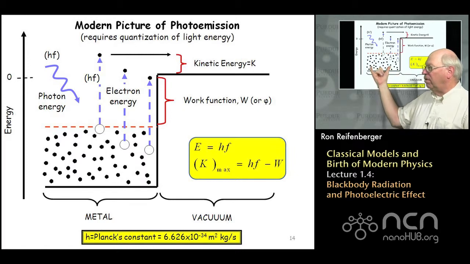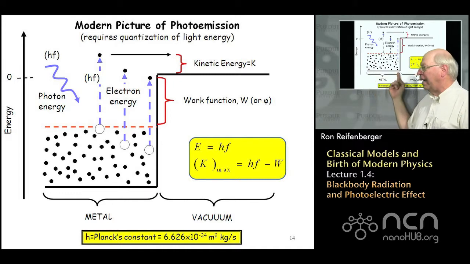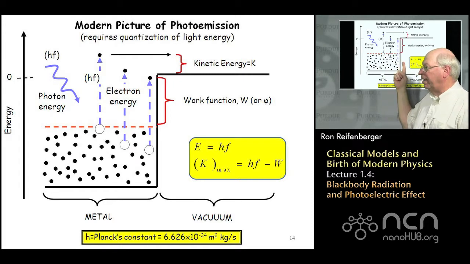What these black dots represent are electrons which have different energies and are trapped inside the metal. These electrons are trapped inside the metal by a barrier, very similar to the barriers that we're going to talk about later in the semester.